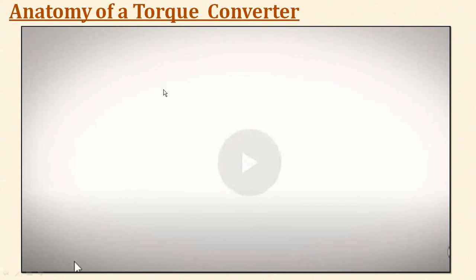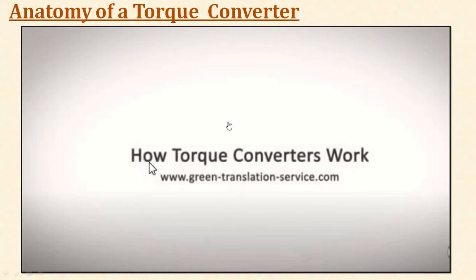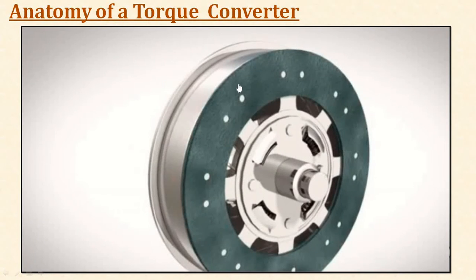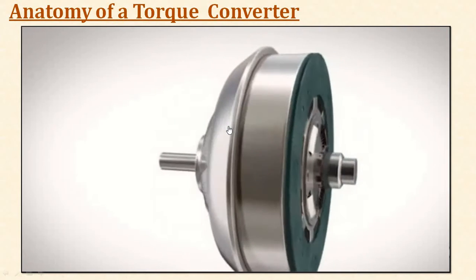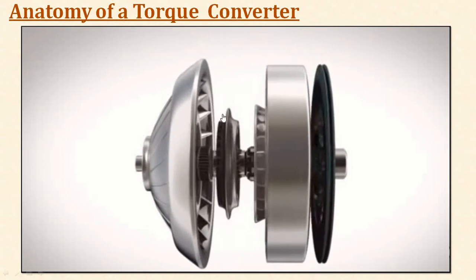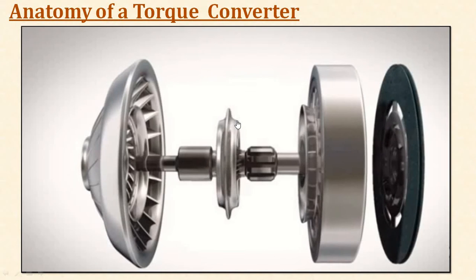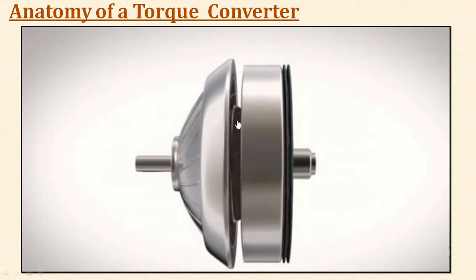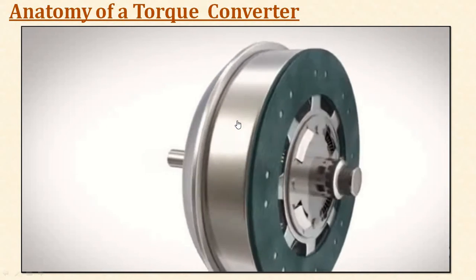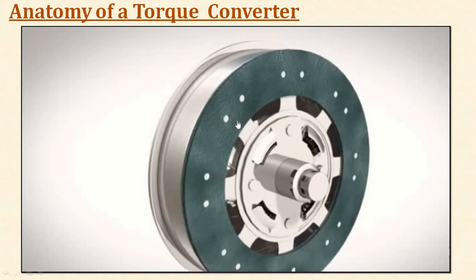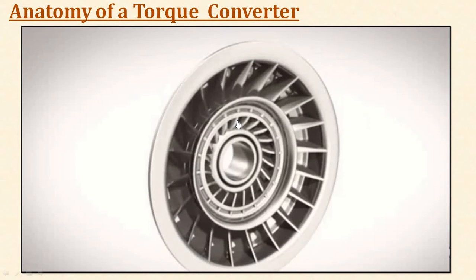We can see the anatomy and the torque conversion working with the help of this animation. The construction of the torque converter is similar to the fluid flywheel, the only difference being an additional stationary member called the stator.